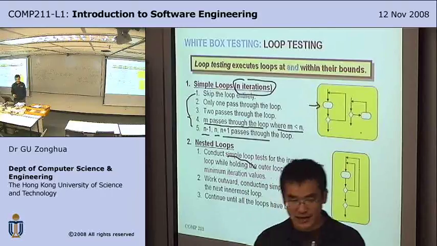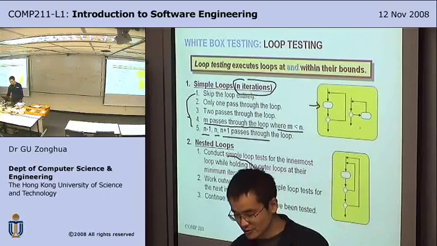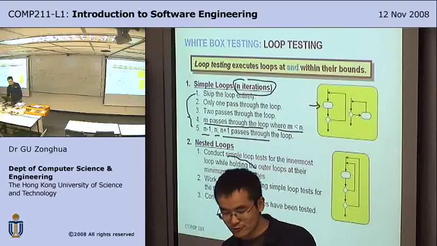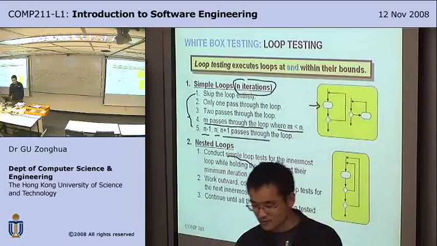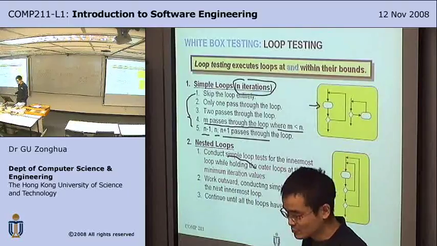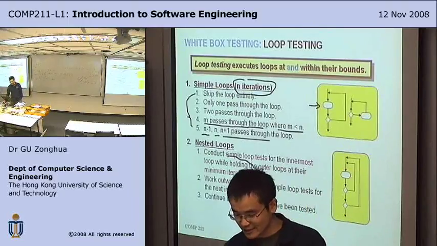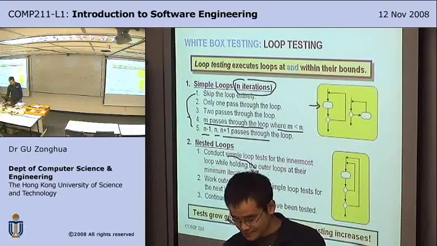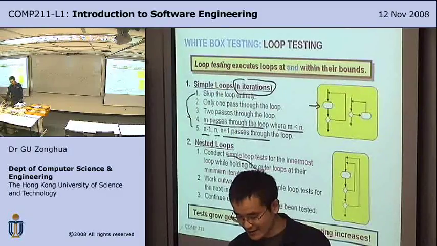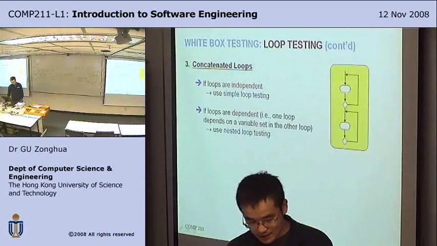But that's typically not feasible for any large system, so we do this. We conduct simple loop tests while holding the outer loops at the constant minimum value instead of varying the outer loop for all possible values. That will involve too many test cases. So tests grow geometrically if you do that, as the level of nesting increases.